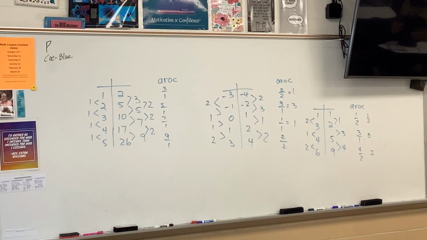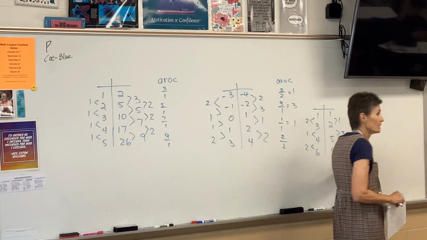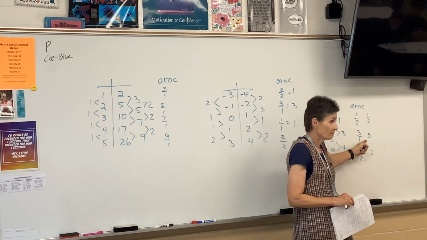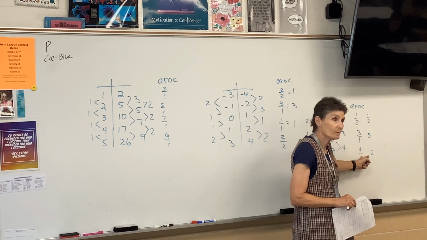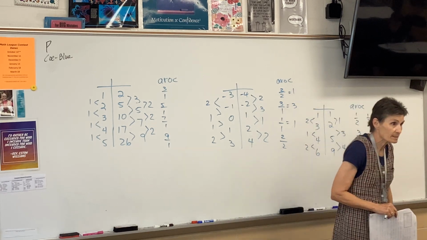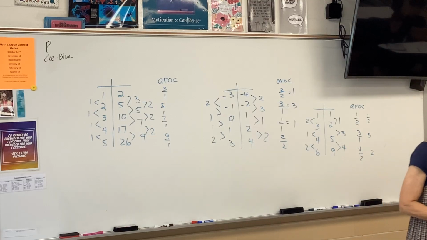It depends on whether your rates of change are increasing or decreasing. So from 1/2 to 3 is an increase, but from 3 to 2 is a decrease. No, there's no concavity. Because if we were to be concave on that whole interval, they'd all be increasing or they'd all be decreasing. Okay, got it?